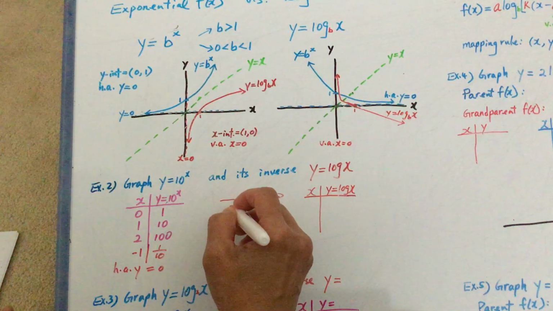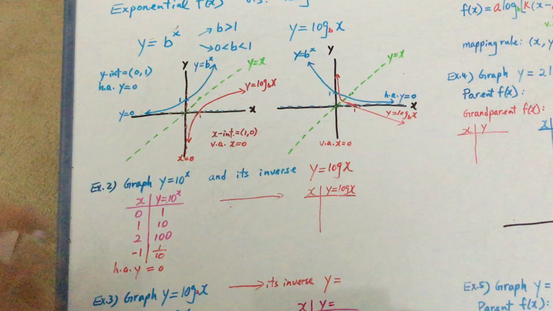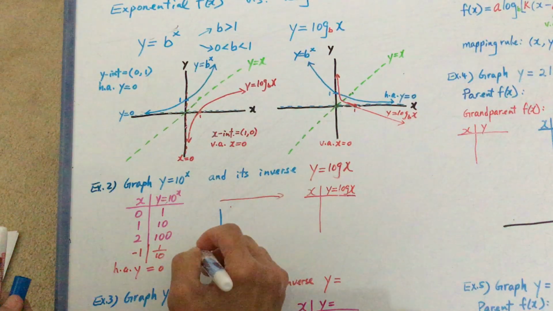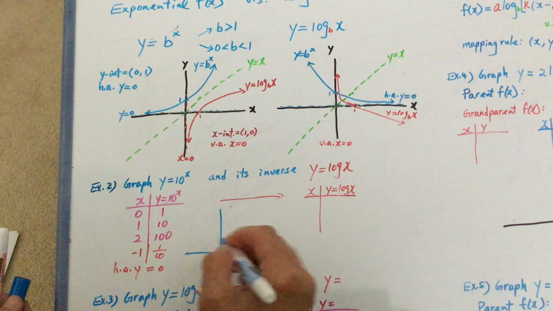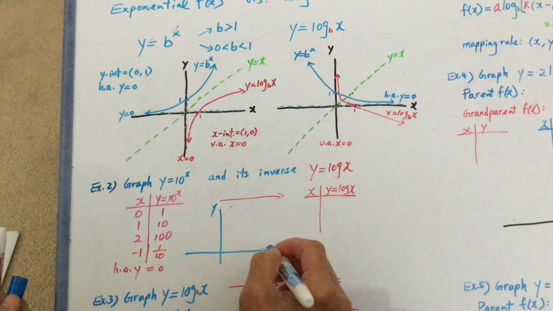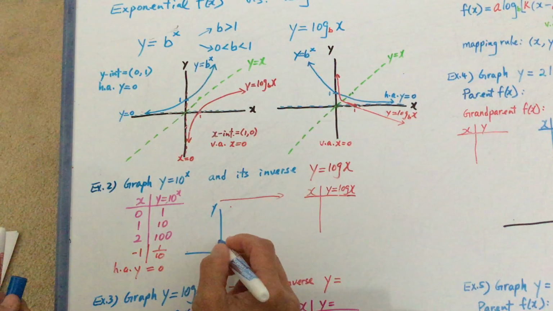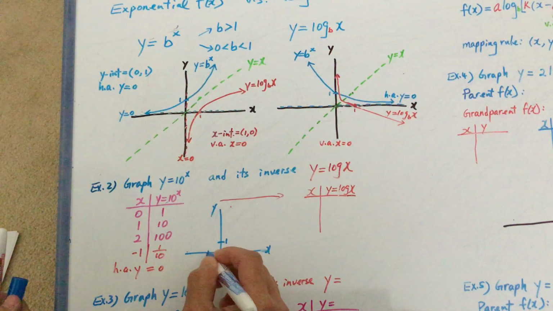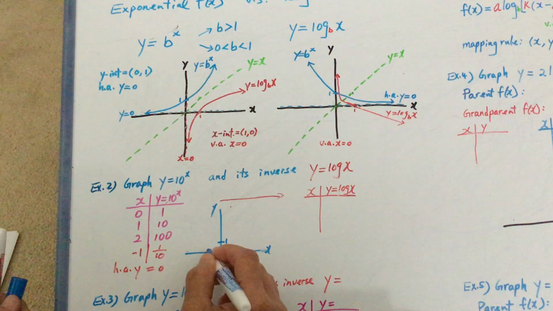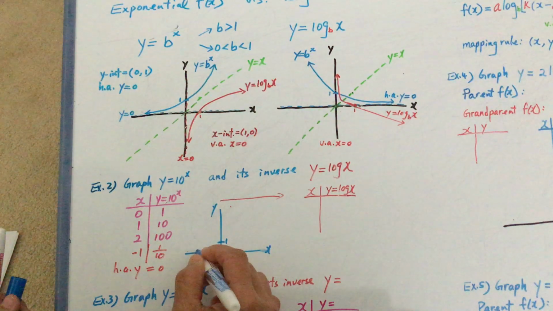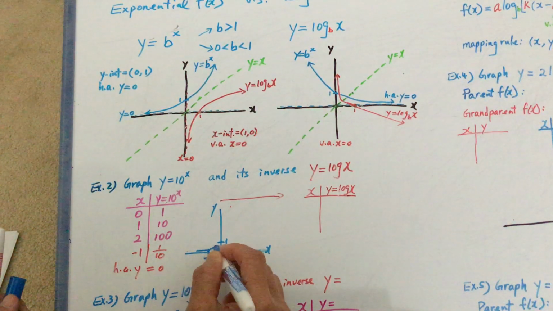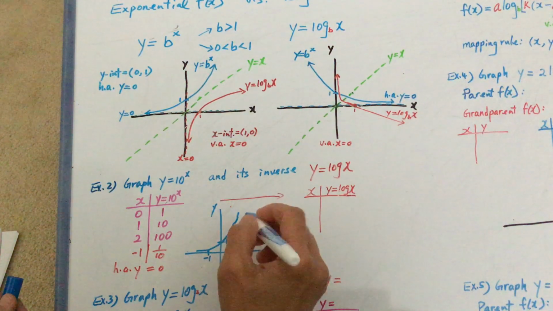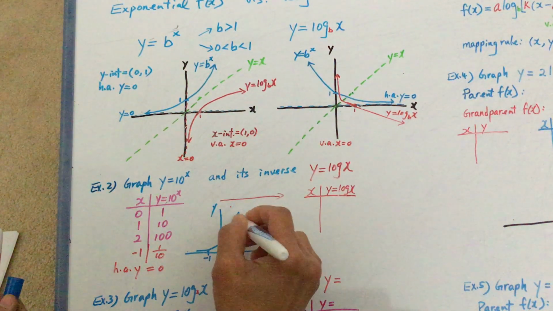So on the graph, let me just graph this. If I have a graph here, I can basically know that my point is going to be like 1 here. And if this is a -1, I'll have something really, really tiny over here. And I know that this is going to be crossing the y-intercept of 1, and I can just go up like this.